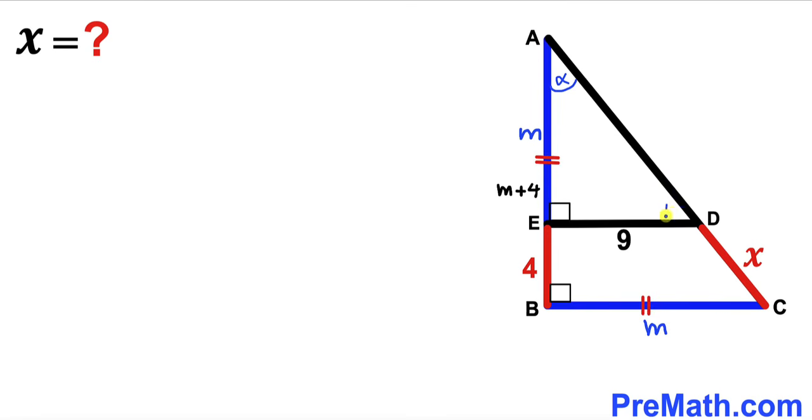If I label this angle as beta, then this angle has got to be beta as well. So we conclude that the two right triangles, AED and ABC, are similar triangles according to the angle-angle similarity theorem.